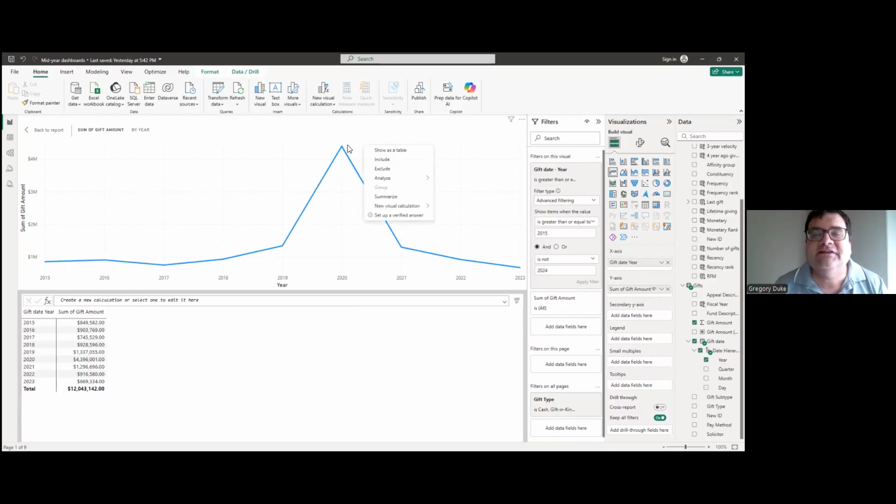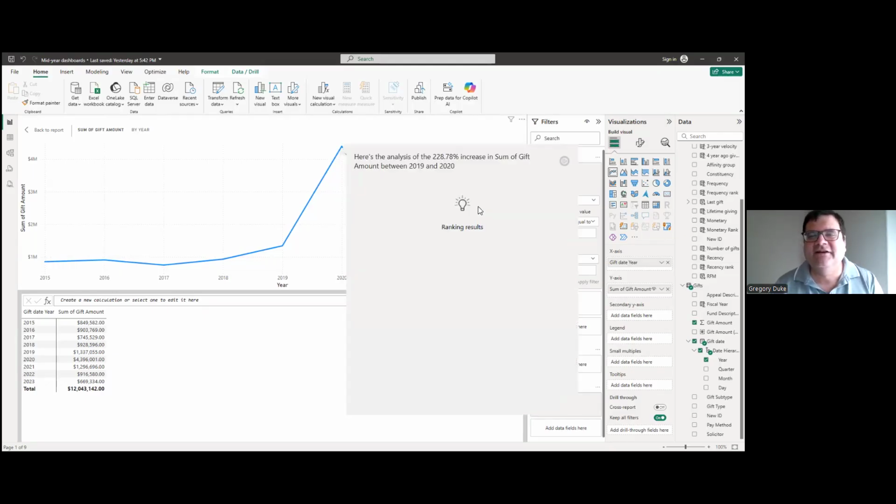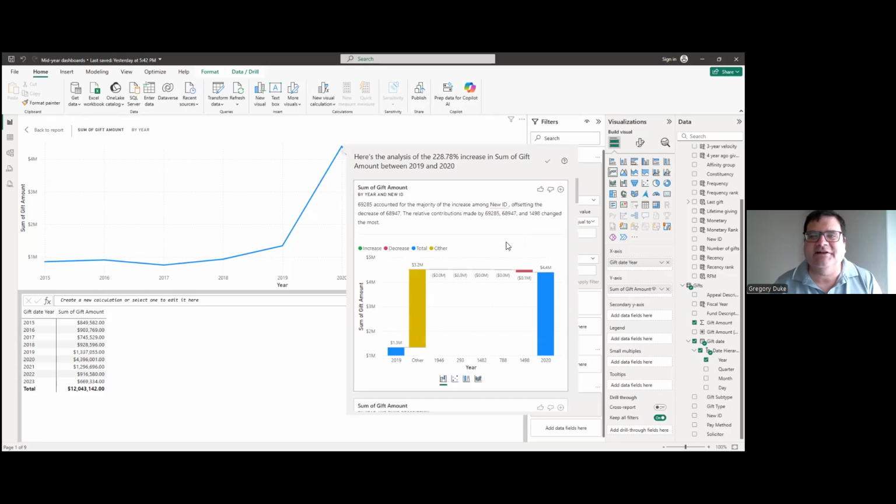But one of the things you can do is, here we can click on a certain year. This is what I want to show you. We can click on a certain year and say, okay, why did we get so much more money in 2020? Let's explain why we got this money. And so Power BI automatically analyzes this and says, okay, person number 69285, obviously I've made these anonymous, gave a lot of money in 2020.